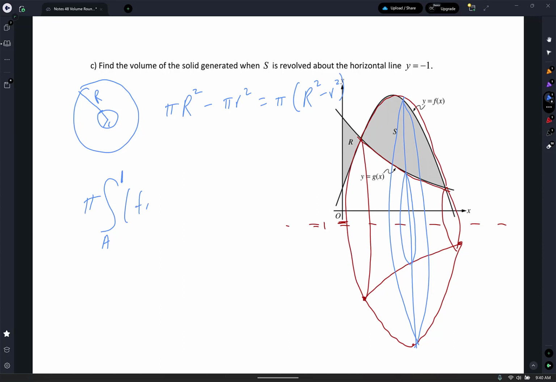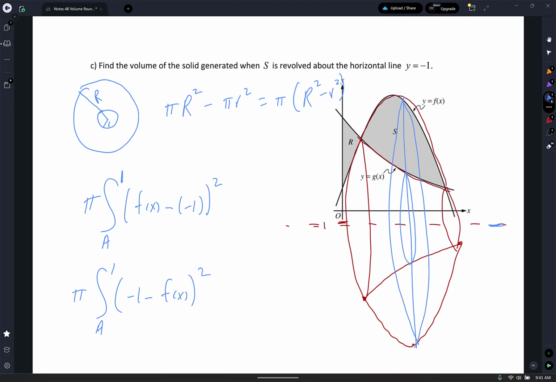Which you can either say f of x minus -1, close it squared, that's big R. Or I also remember telling you guys axis of rotation minus curve, and it will work. -1 minus whatever you want.